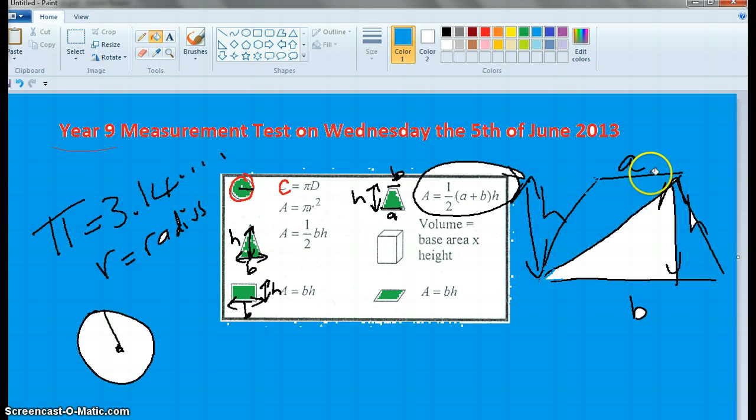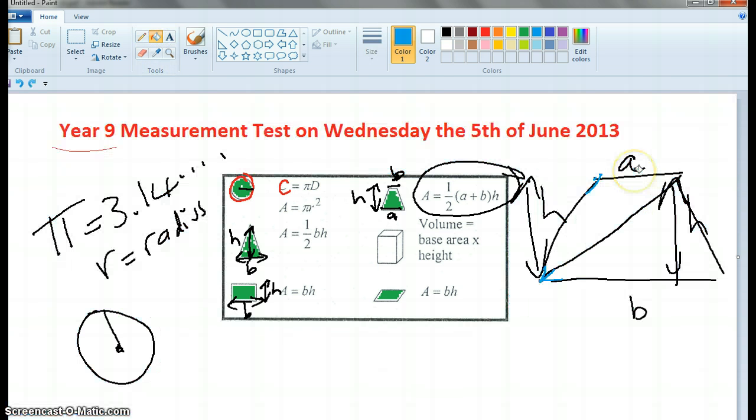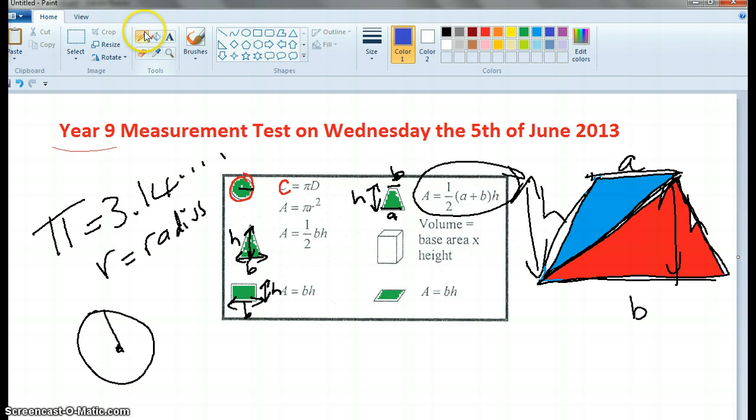So the area of this triangle here is a half A times H, and the area of this triangle here is your half B times H, and that formula is just adding those two together, and in actual fact factorising. Okay, so we've done all of this.